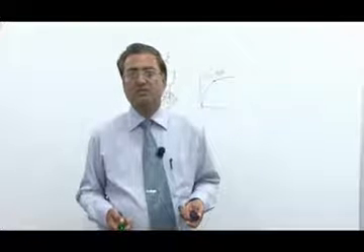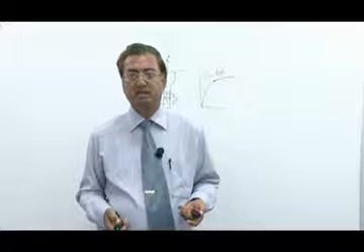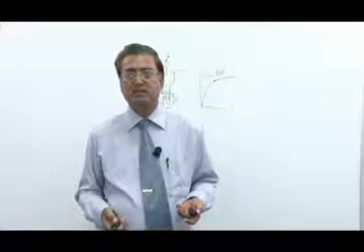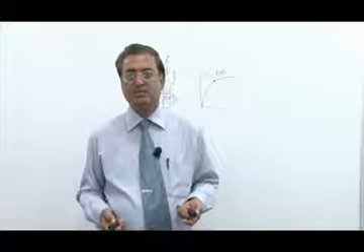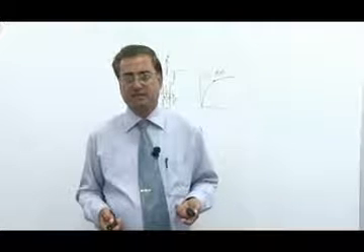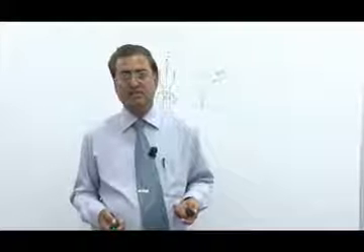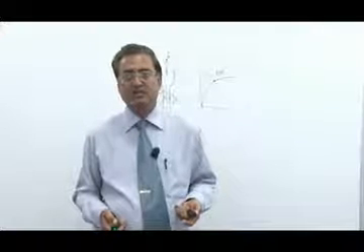So the deformation will be uniform and stable so long as dA prime by dA is less than 0. Since A prime by A is negative in tension, for stable deformation it should be greater than or equal to 0.